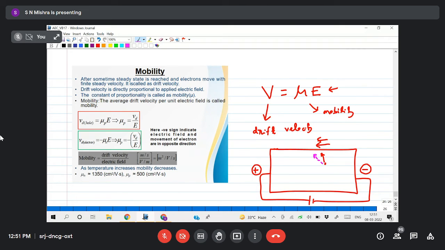So this is called drift movement of carriers. That means by force it is drifting from right side to left side. The velocity at which it is drifting is called the drift velocity, and this formula V equals mu E is satisfied.